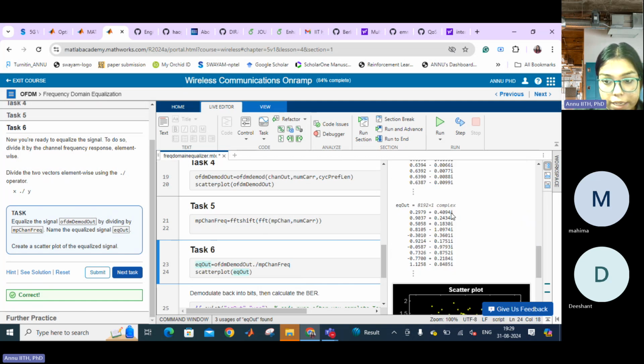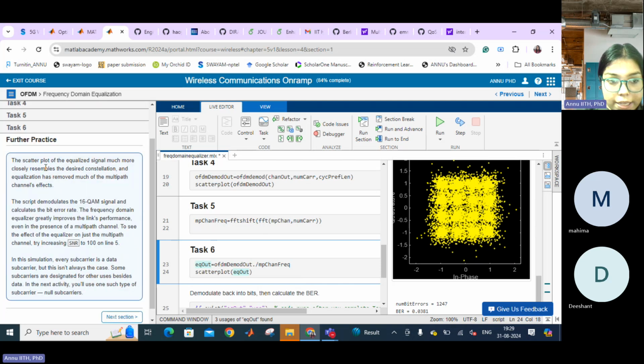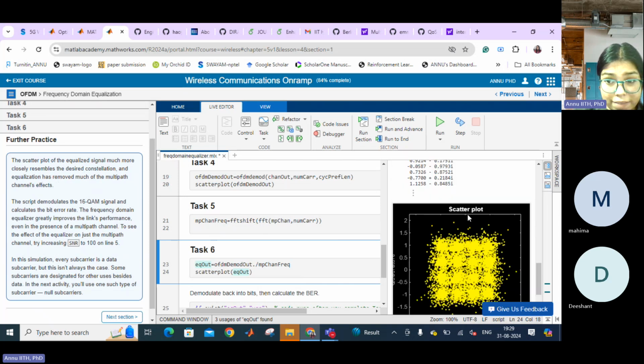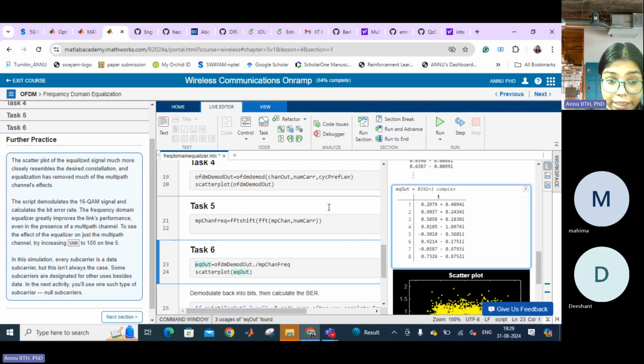At least the symbols we can separate out. The scatter plot of the equalized signal much more closely resembles the desired constellation. Equalization has removed much of the multi-path channel effects. So this was the multi-path channel effect you can see before equalization.